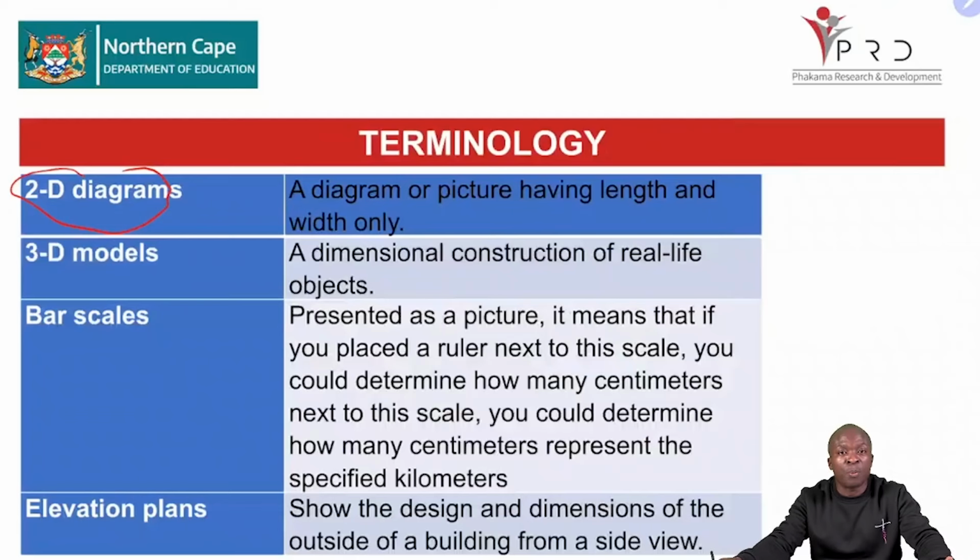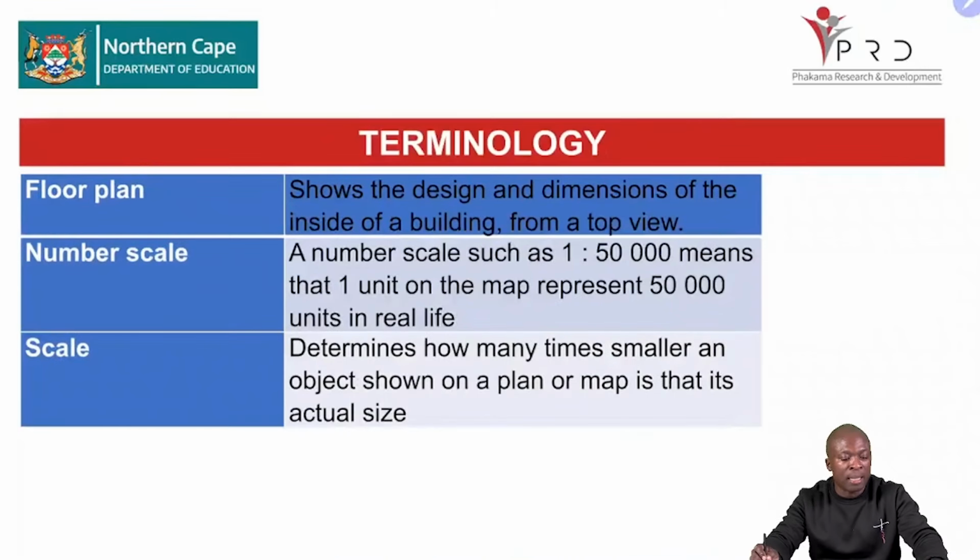Then we have bar scales. Bar scales are usually presented in the form of a picture. Remember our previous slide? We saw what we call a bar scale. Then we have what we call elevation plans. We have floor plans, number scale, and the scale. So what I am saying here is that in examination, we can ask you to explain or define any of these terminologies.